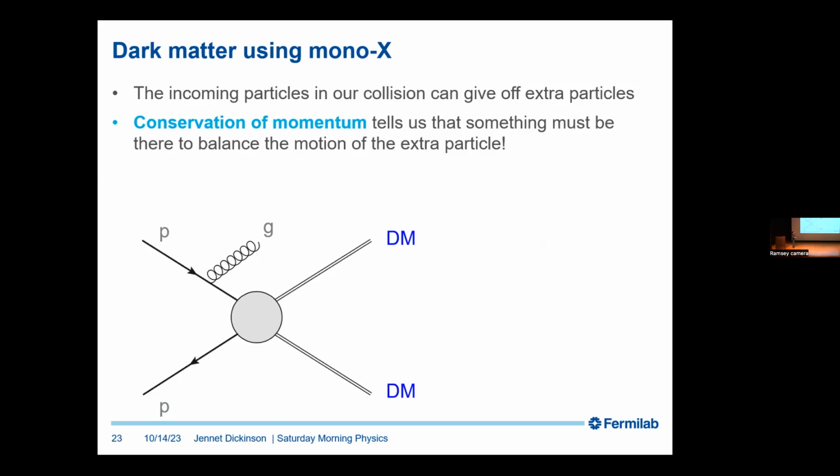Interact with some other particle that's produced by quarks or gluons. It needs to be of a mass at our 13 TeV collider. We can't produce a 14 TeV particle with a 13 TeV collider because of conservation of energy. But yeah, I'm not aware of any other.